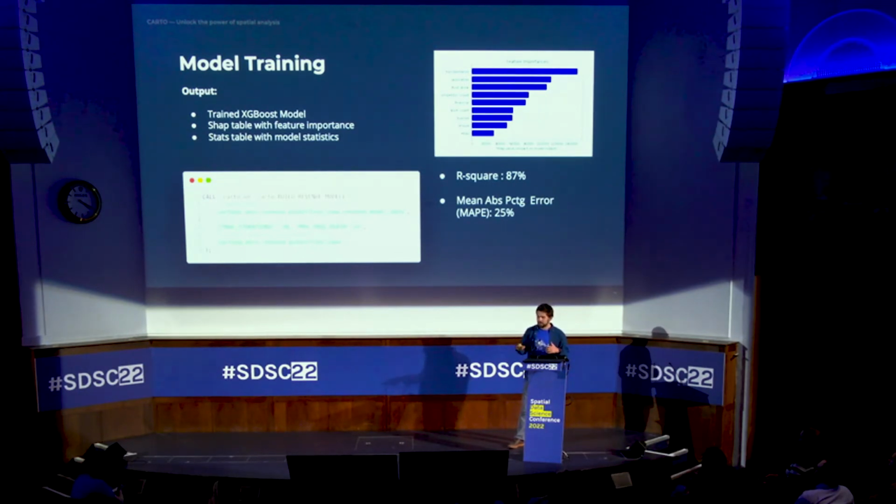You can pass some parameters there, as you can see, like max iterations and max depth, and then there are other parameters available. And the output of this function is basically 3 things. The model trained on one side, then a table which contains SHAP values with the feature importance, and another table which has some statistics about the model.